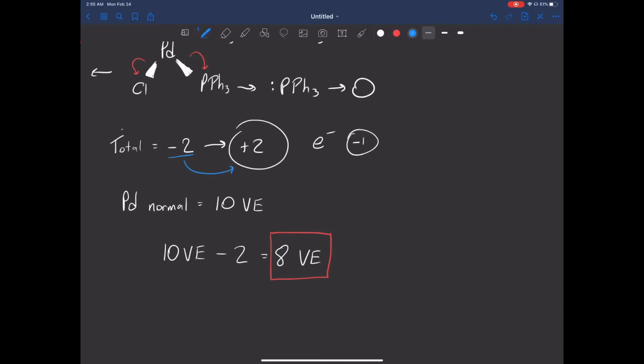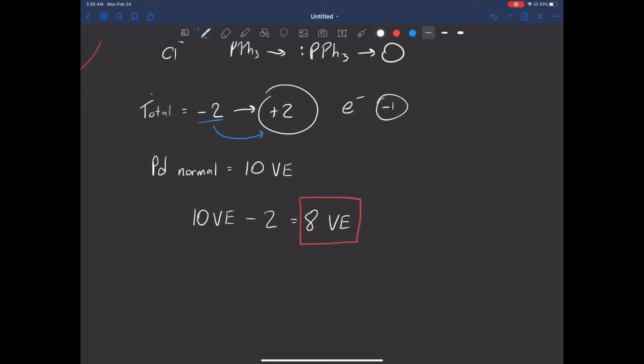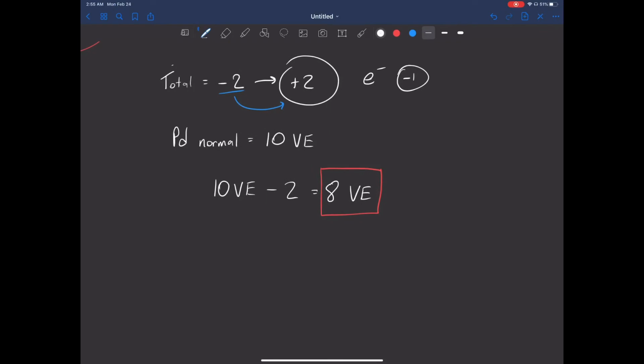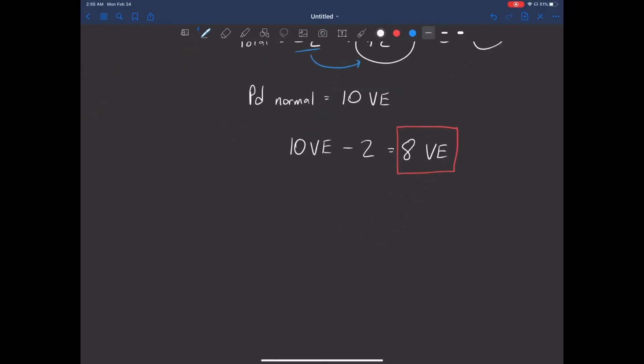Now that's just for palladium. I can count the total number of electrons used in my compound, right? Our total electron count. And the way we do that is we do exactly what we did so far. The first thing you always need to do is the oxidation state.